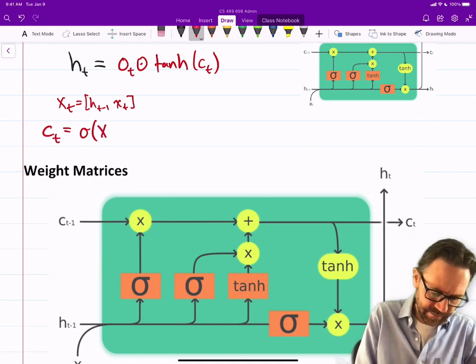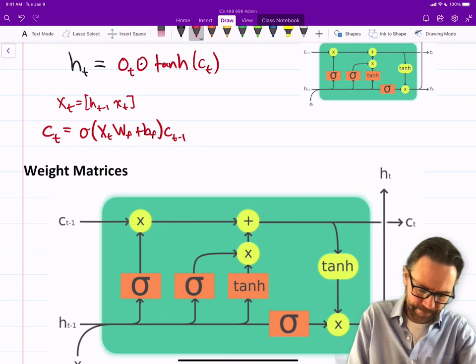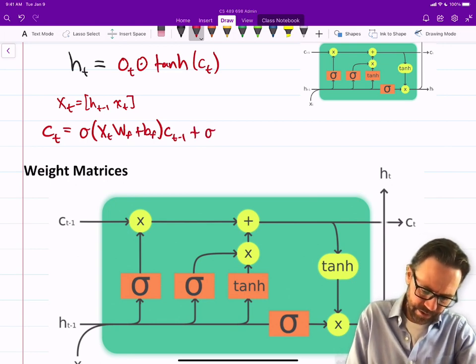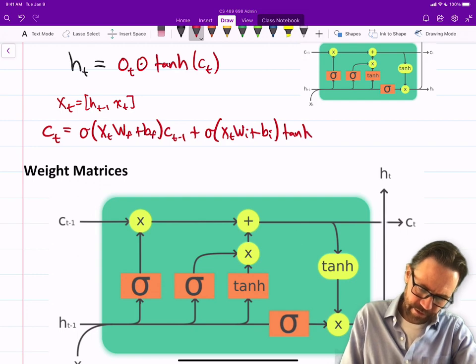So it's x from time t times the forget weights plus the bias, times the previous internal state, plus the input, x_t input plus bias input, times hyperbolic tan of.